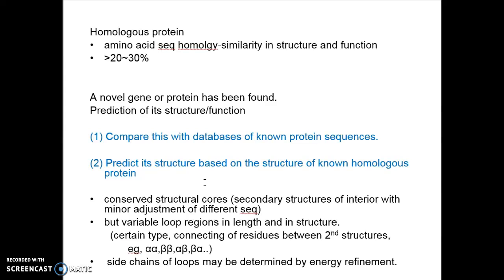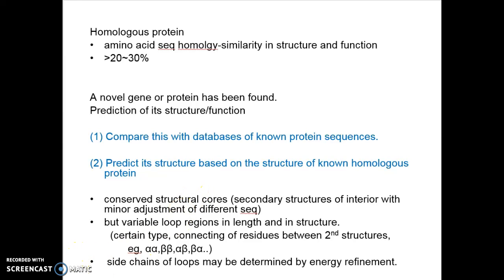But there are certainly differences in sequences, so you must adjust a little bit to accommodate differences in the arrangement of hydrophobic side chains in the interior of the proteins. That's going to be the first and major thing.